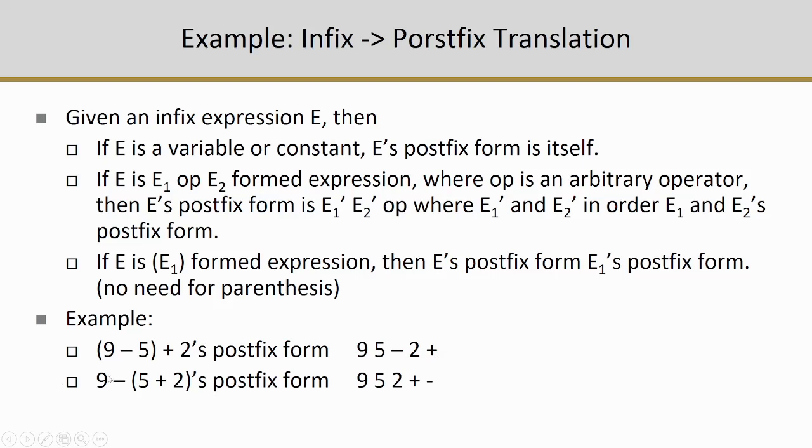Okay, if we have 9 - (5 + 2), which means that we are going to execute the addition first and then subtract the result from 9. It is in postfix form as written here, 9 5 2 + -. So first we execute the addition on the last two operands, which is 5 plus 2, and then we subtract the 7 from the 9.